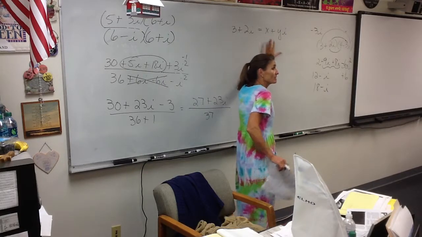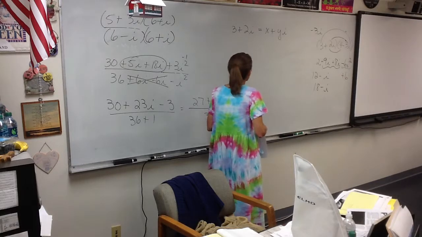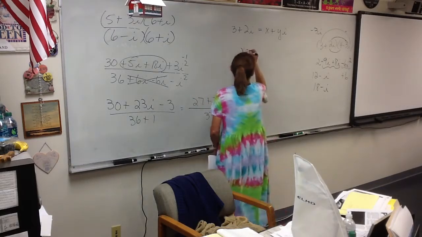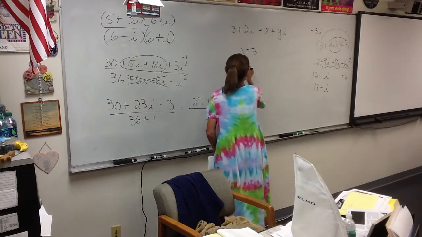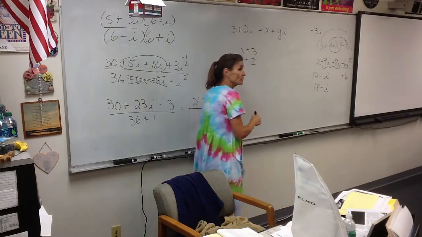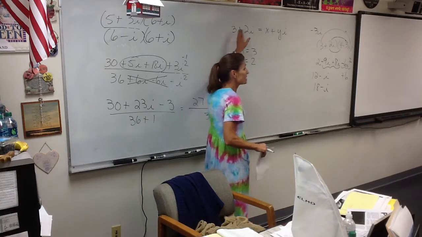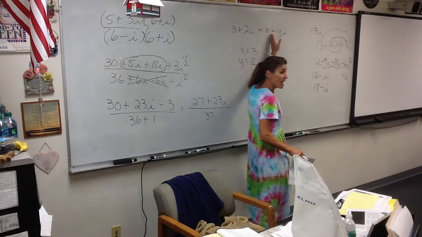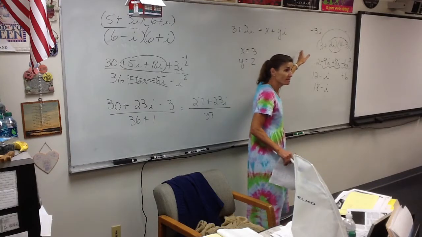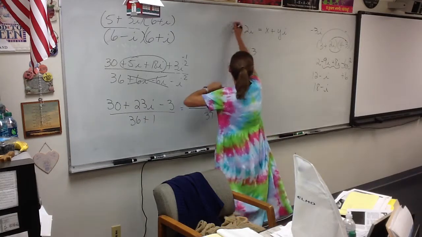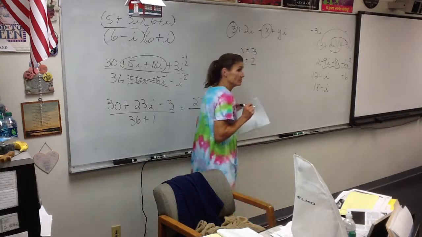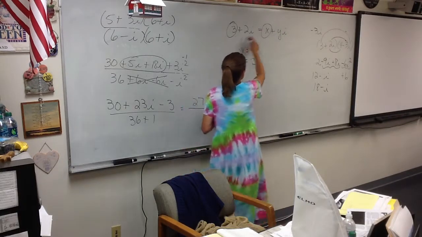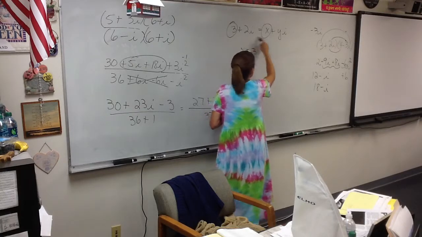Is it going to be 3 plus 2i? Yeah, you're supposed to find x and y. So x is going to have to be 3, and y is going to have to be 2. Because if 3 plus 2i is the same as x plus yi, then these two have to be equal to each other. Think of it like this. These don't have i's. These do.